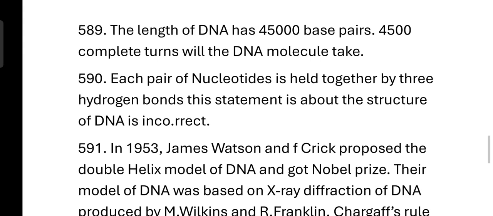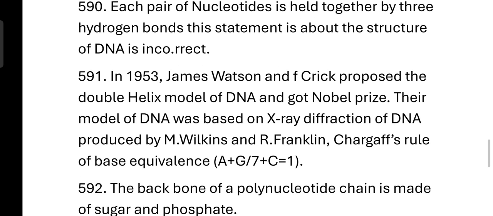If a length of DNA has 45,000 bases, how many complete turns will the DNA molecule take? Each pair of nucleotides is held together by 3 hydrogen bonds. Which statement about the structure of DNA is incorrect?